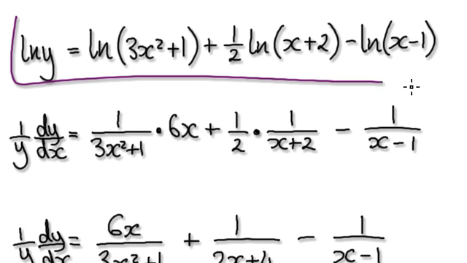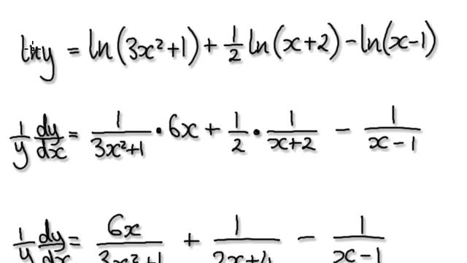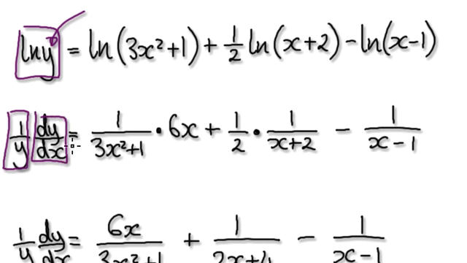Okay, and then from here, differentiate with respect to x. Because this y here is a function of x, you've got to have the dy by dx here. So differentiating this normally will give you 1 over y, but because y is a function of x, you've got to stick this dy by dx in here.